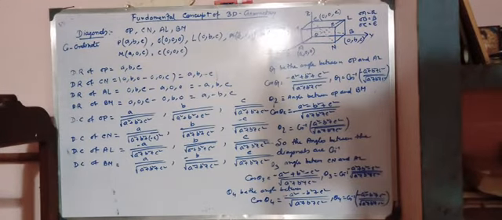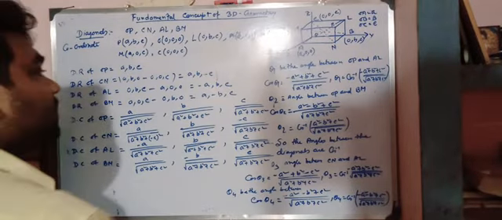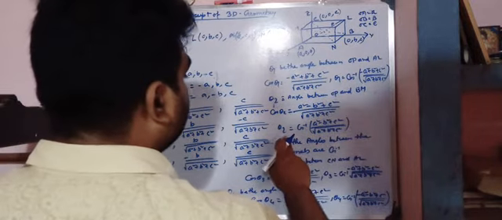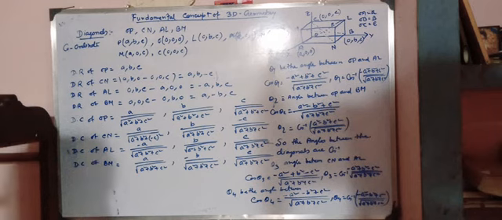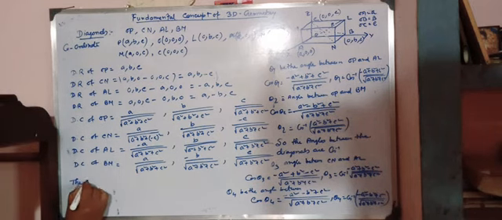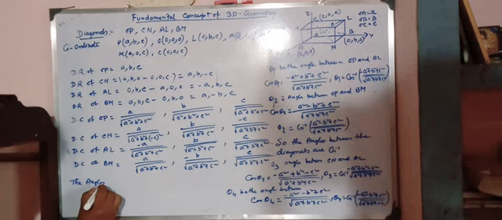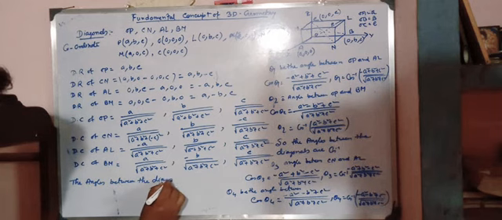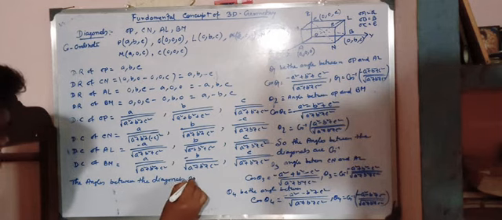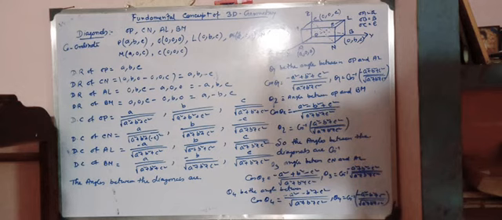So as you can see, from theta 1, theta 2, theta 3 and theta 4, the angles between the diagonals are how much?